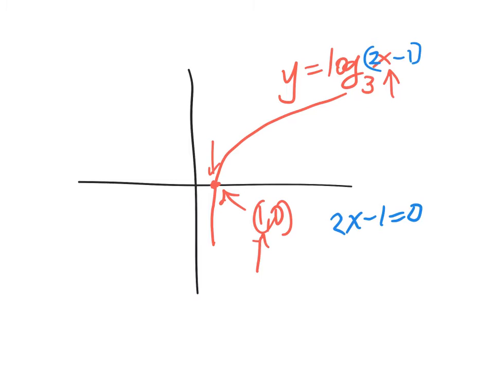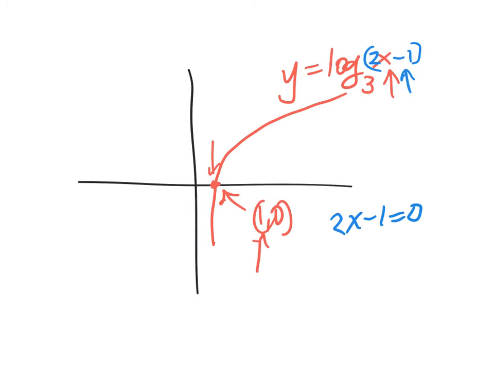I'll show you. This one would have been moved to the right one and had a stretch, oh wait, it's on the inside, shrink factor of 2 in the horizontal direction. Wouldn't it be 1/2? You're right. When I said shrink, I should have changed it to 1/2. Good point. So a shrink factor of 1/2 in the horizontal direction, and you're probably thinking, well, I have no idea what that would look like.